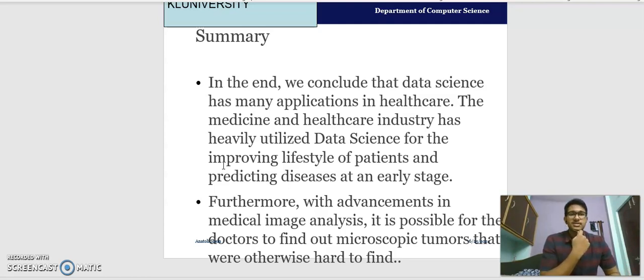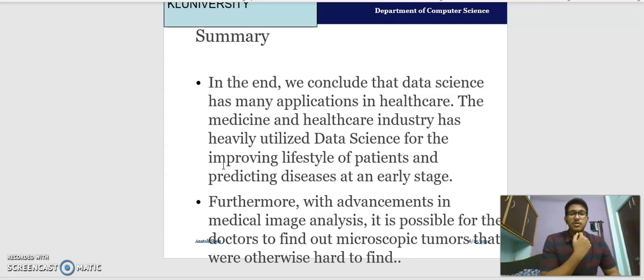Many medical industries are applying these techniques to predict diseases as early as possible, which makes things easier for patients and also reduces cost, and it can stop infection from increasing.